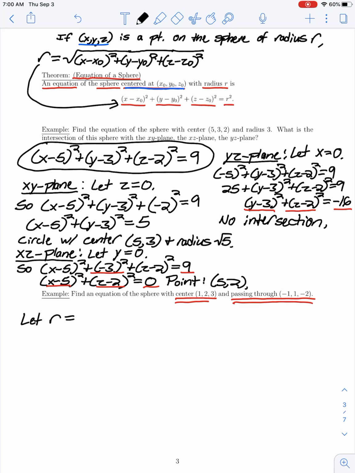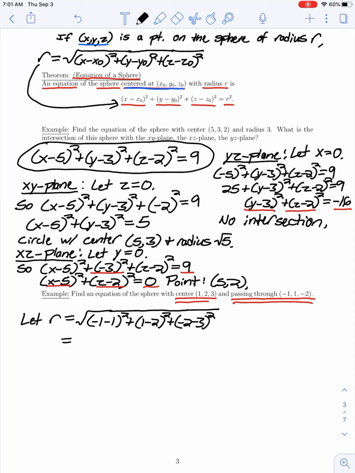the distance between my center and this point on the sphere that we're given, which would be found by taking the square root of the sum of the squares of the differences in the x, y, and z coordinates for these points. So for our x coordinate, we would have a -1 minus 1 squared plus a 1 minus 2 squared plus a -2 minus 3 squared.